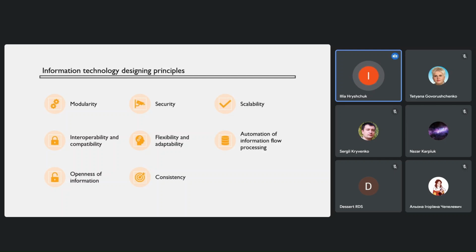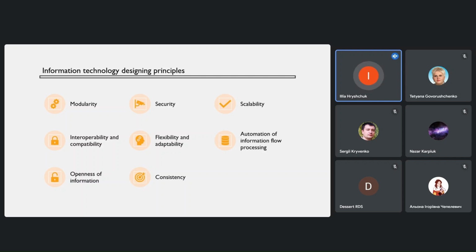Another one is the principle of security, and the integration of data protection must be developed very carefully. It should include such mechanisms as encryption and authentication, and it must prevent the system from unauthorized access.